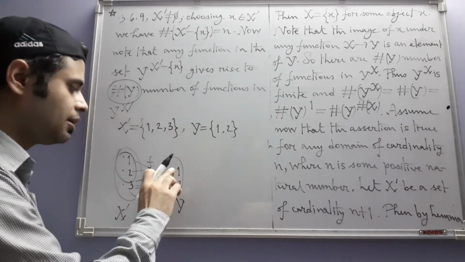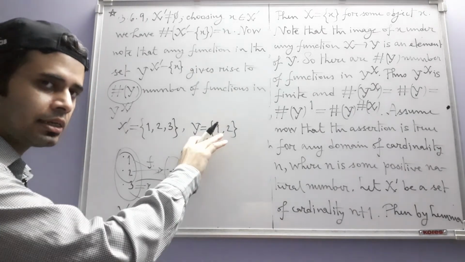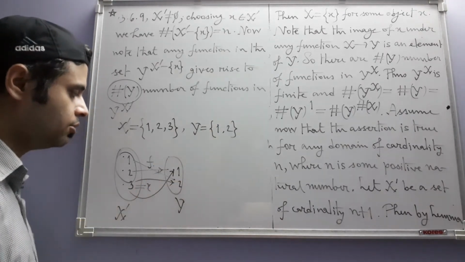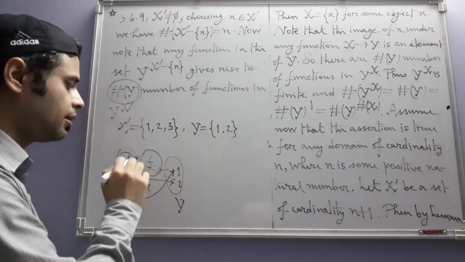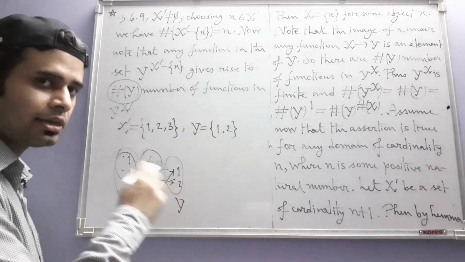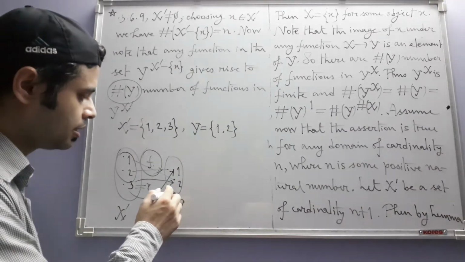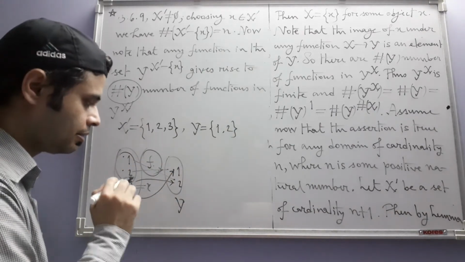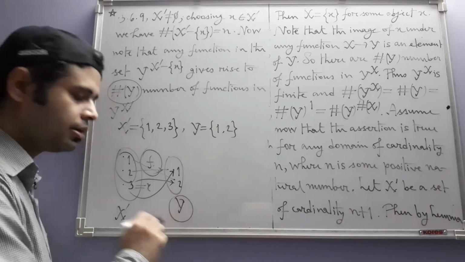But image of 3 now is 1. In the previous extension, image of 3 was 2. So the single function f in the smaller function set is giving rise to 2 different functions in the larger function set, and that 2 is the cardinality of y.